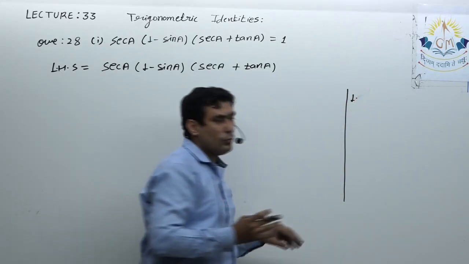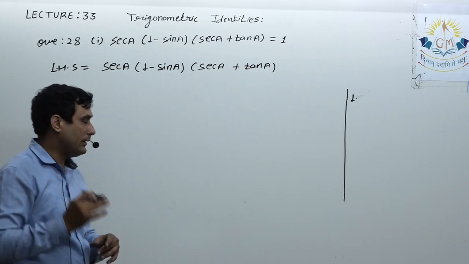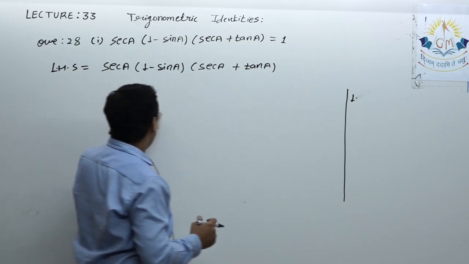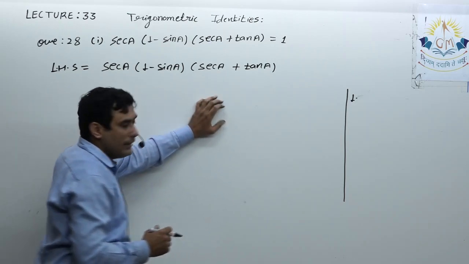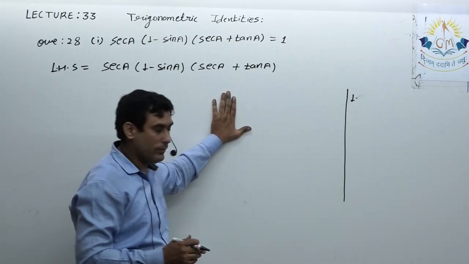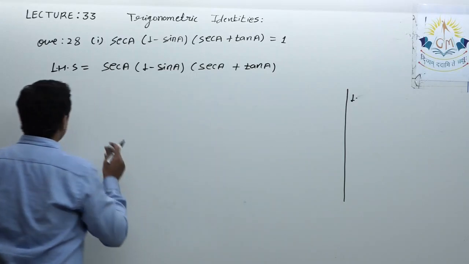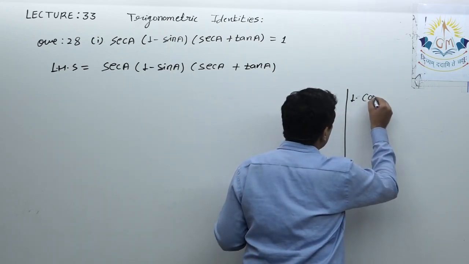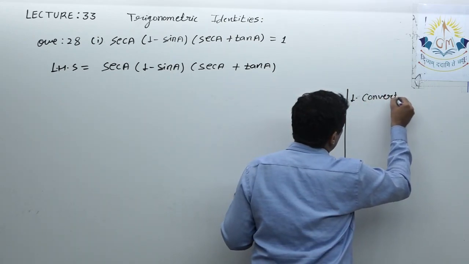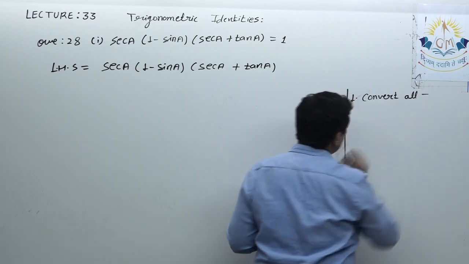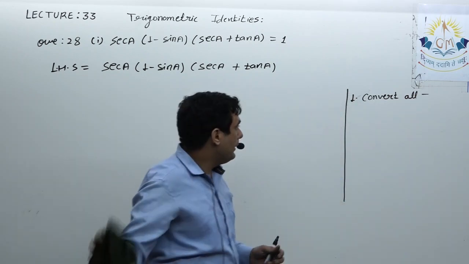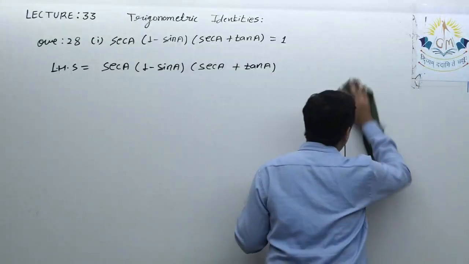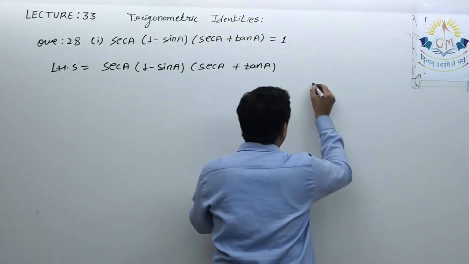There are 6 to 7 points that if we keep in our mind while solving these identities, in maximum cases you will get your answer. So the very first thing is that you have to convert all trigonometric ratios in the form of sine or cos.